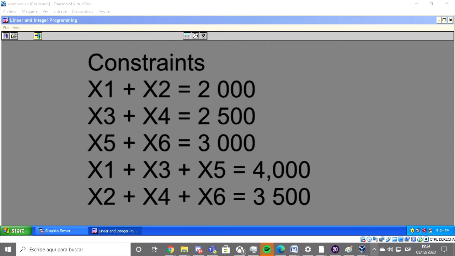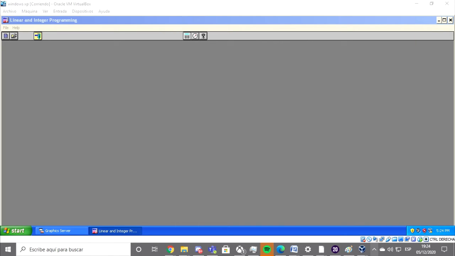The last 2 restrictions pertain to Pasadena and Oakland. In the end, each distribution center matches the demand.